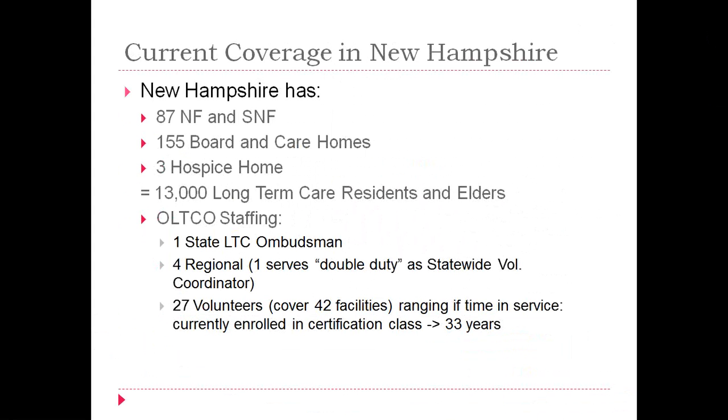That's the equivalent of 13,000 long-term care residents and elders living in care. For ombudsman staffing, we have a state long-term care ombudsman, 4 regionals, 1 serving double duty as volunteer coordinator and regional, which is myself. And then currently we have 27 volunteers, which cover 42 facilities.